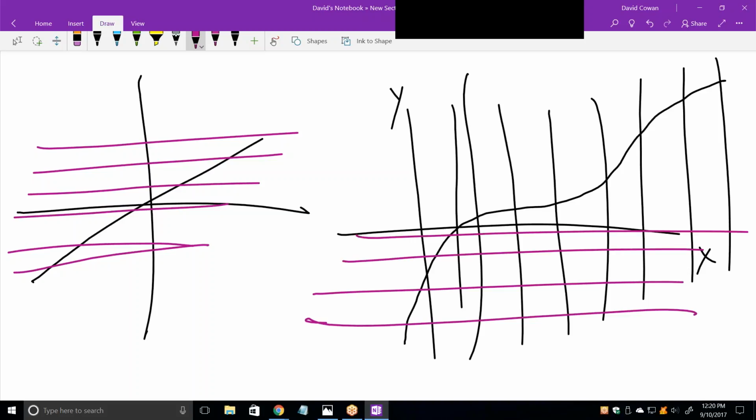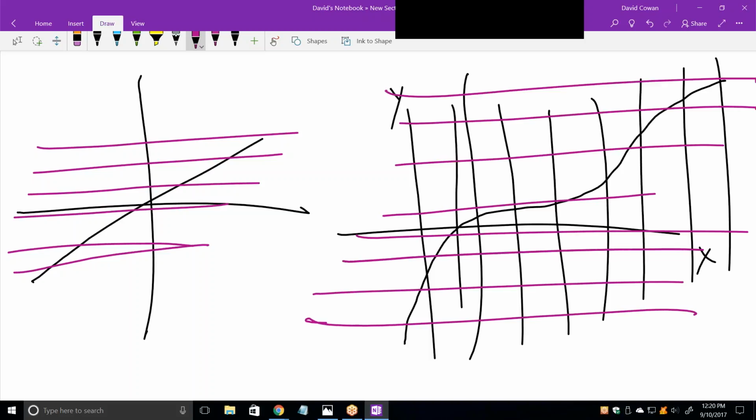Is there anywhere on this curve where I get more values than 1 for x on the pink lines? No. That makes it one-to-one.